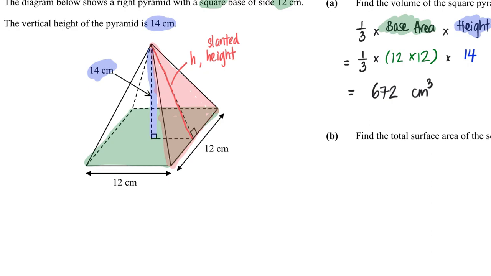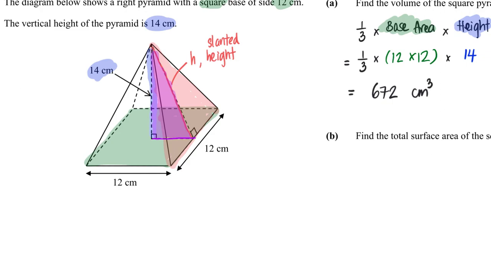How do we get this height then? I need you all to now focus on this purple color triangle, which I'm going to draw out first.